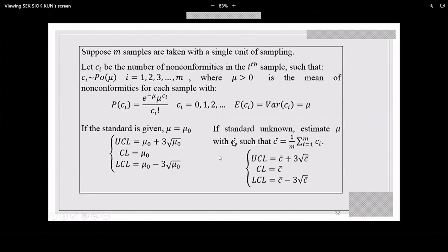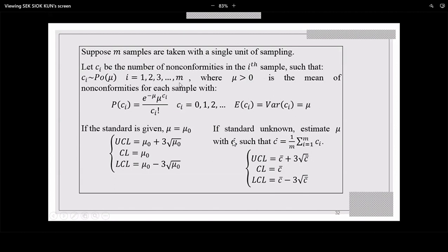So these are the formula to construct the control limits of the C chart. As you can see, this one follows the Poisson distribution function, where Ci is the number of non-conformities in the i-th sample.